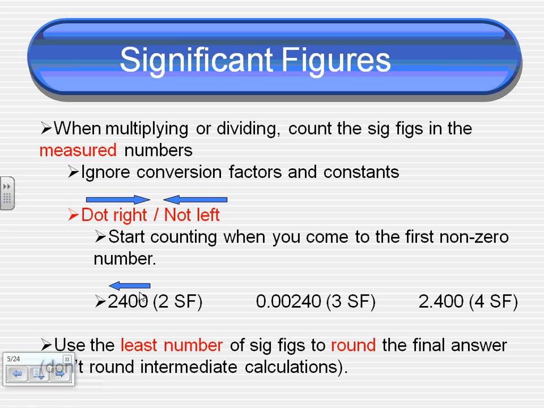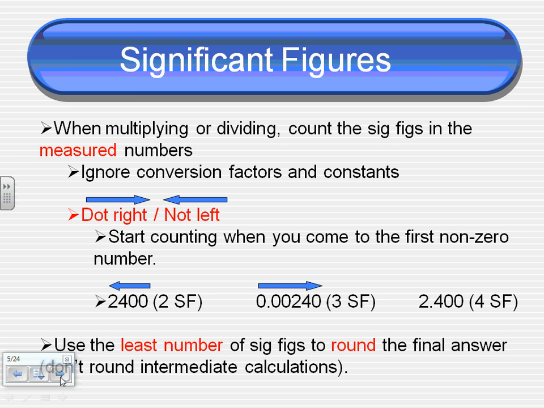All right, in the next one, we have a decimal point. So we are going to move to the right, so that we don't start counting until we hit that first non-zero number.